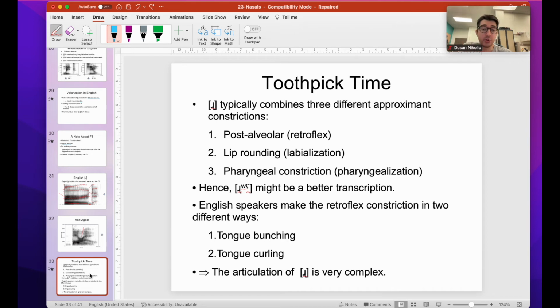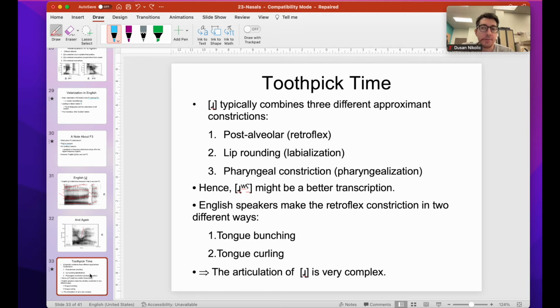We might not use toothpicks, we can use these sticks or plastic straws for mixing coffee. What you can do is, so either English speakers make R's by bunching their tongue, doing this, right, or curling it up, right, this, so this or that.